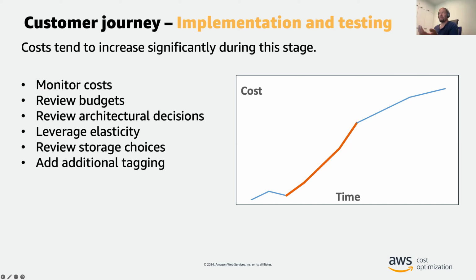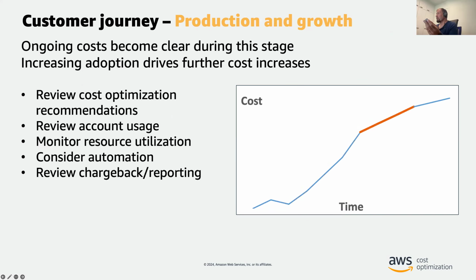And after you have put a lot of thought and effort into putting your workloads on the cloud, then comes the time when you can start looking back and reviewing what you can do. Next slide. So when you get into production, then you start looking back.